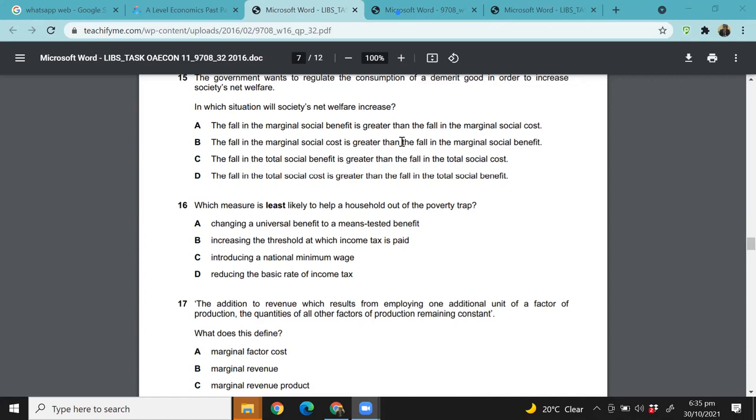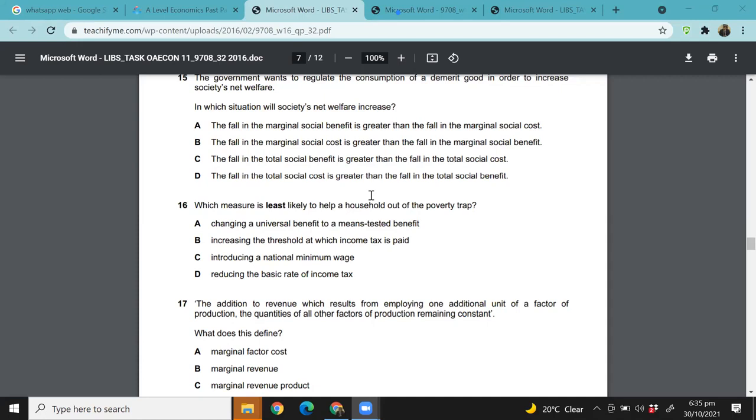If we're reducing the basic rate of income tax, that should help the poor, I think. Let me think about this. Which measure is least likely to help a household out of the poverty trap? Changing a universal benefit to a means tested benefit. Hmm.